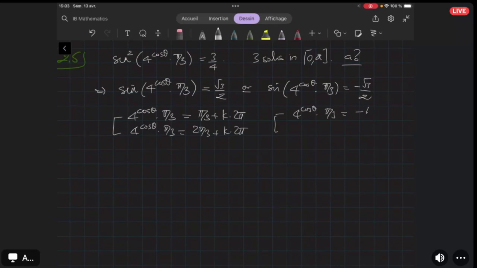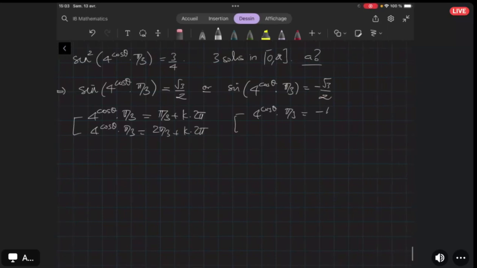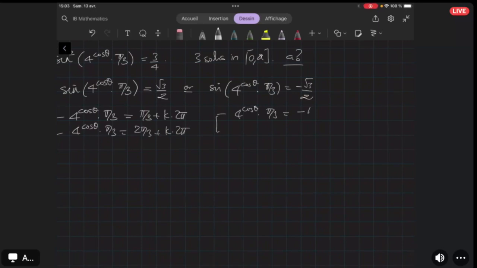Negative 3 pi over 2. It should be 240. So negative 4 pi over 3. My bad. Or 5 pi over 3.